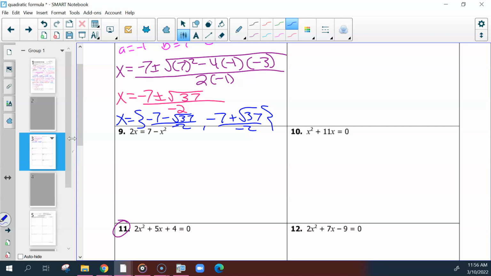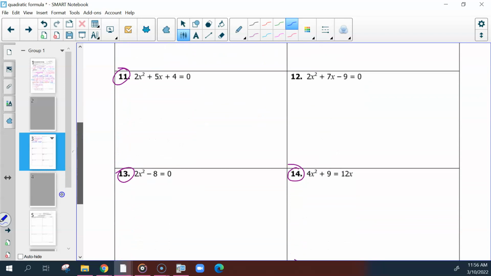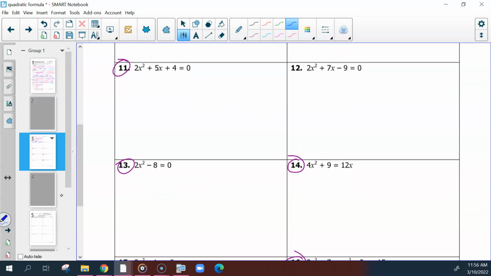Do number 11. Our A, B, and C values are what? 2, 5, and 4. So don't assume that your A value is always going to be 1. It could change.